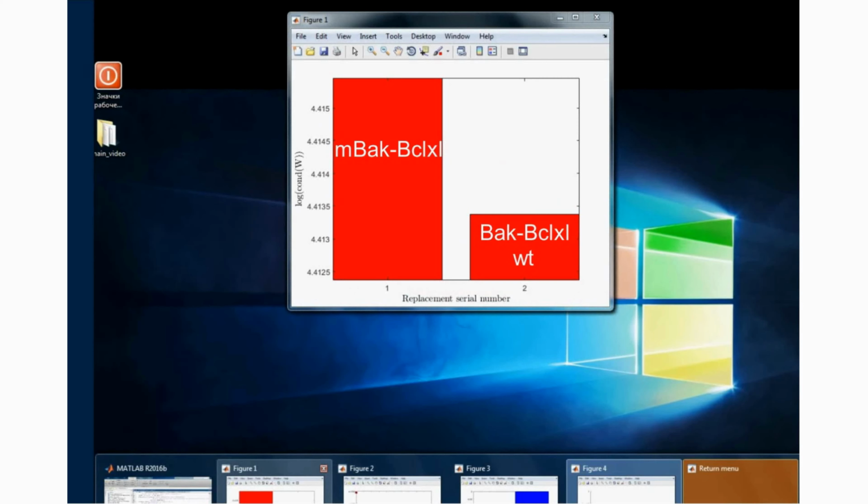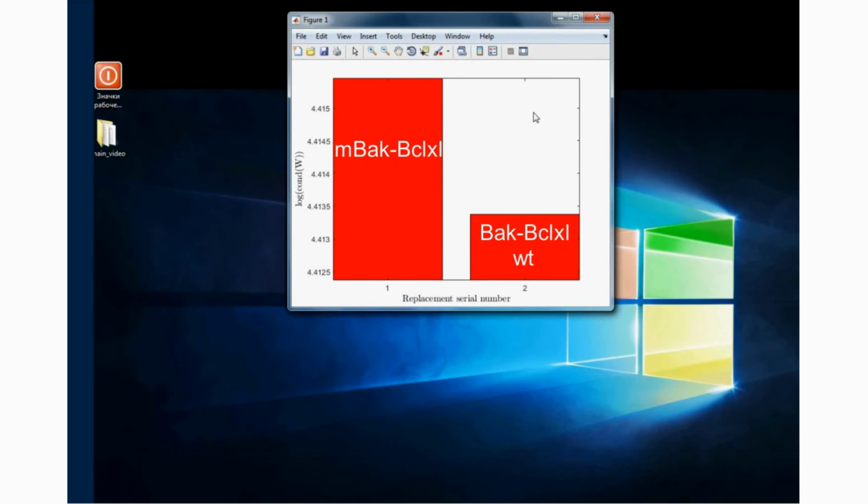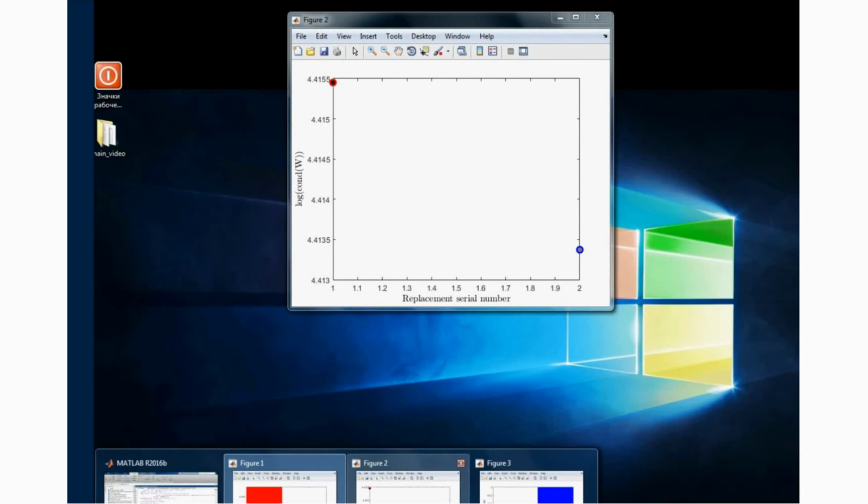In the second case, we converted the mutant dimer into a wild-type dimer by introducing a substitution. Replace leucine at position 77 with glutamine in the back peptide. Number 2 indicates the value obtained after entering the replacement of the amino acid residue. Thus, we can conclude that the mutant dimer is less stable than the wild-type dimer.